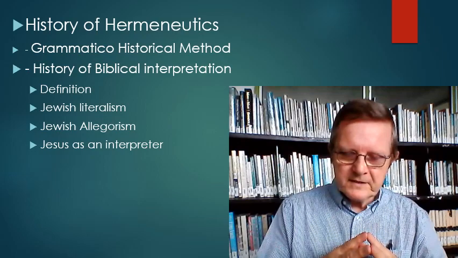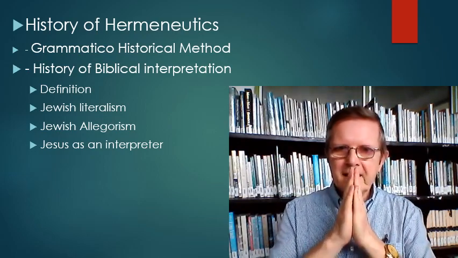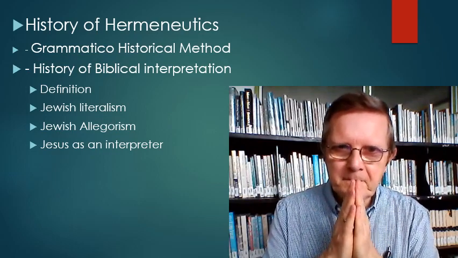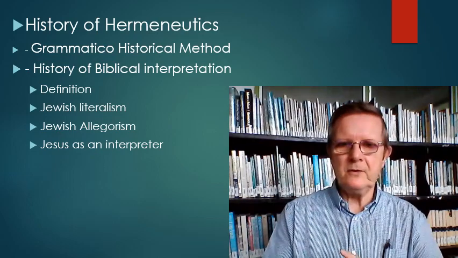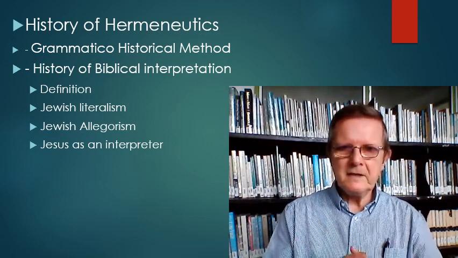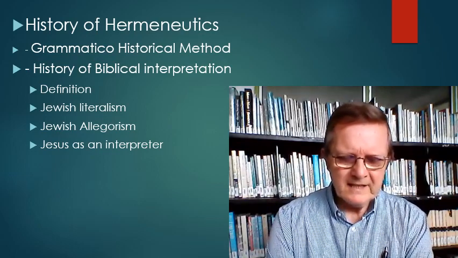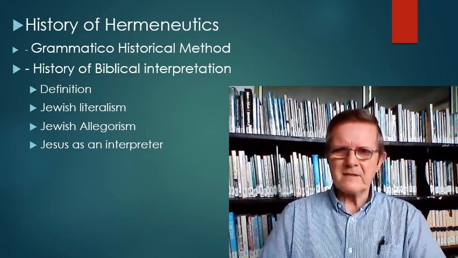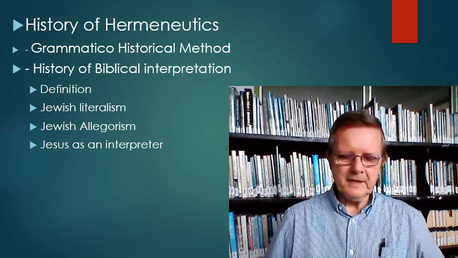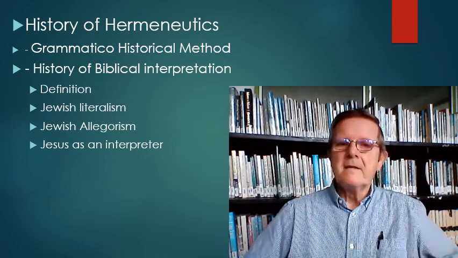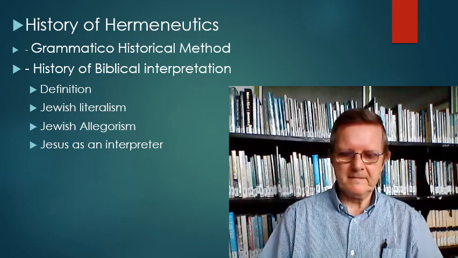So the scribes' system of interpretation made it impossible. The scribes made it impossible with their interpretation to interpret the Old Testament. By the time of Jesus, the Jewish understanding of the scriptures had been clouded with a faulty system of hermeneutics. And it was led by the scribes.